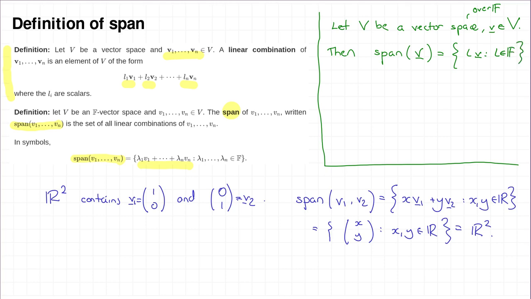So if you like thinking geometrically, then in the special case where let's say V was equal to R cubed, and v, little v, was some single vector x, y, z, like this, then, well, span v would be a line through the origin.